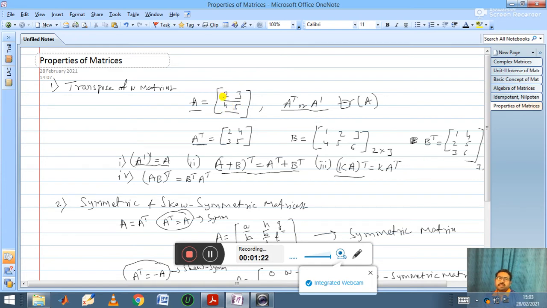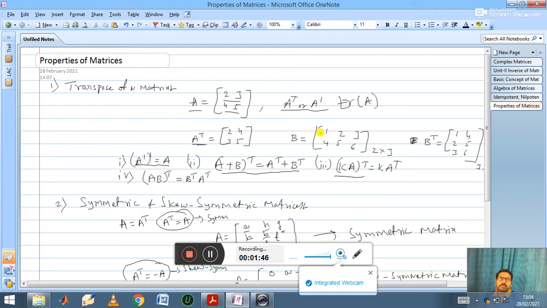You write the first row as the first column and the second row as the second column. So your first row 2, 3 changes into first column 2 and 3. Your second row elements 4, 5 convert into second column elements 4, 5. This is represented by A power T, A transpose.